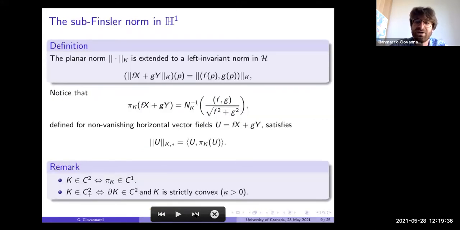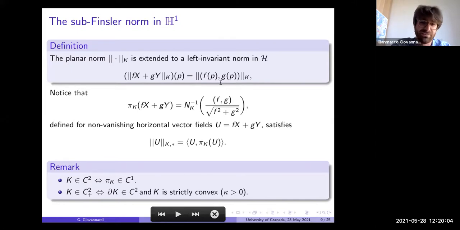Okay, so we have defined the norm on the xy plane, and we want to generalize the norm to all the distribution. We do that by left invariance. If we have a vector field of components f and g, and we want to consider its K norm at a given point, by left invariance we translate this vector to the origin, and we compute the length of this vector at the origin.